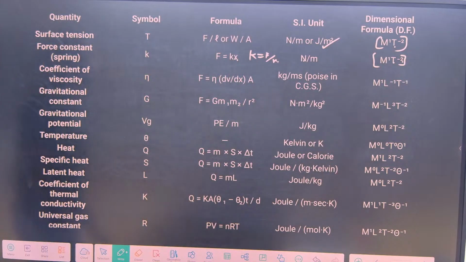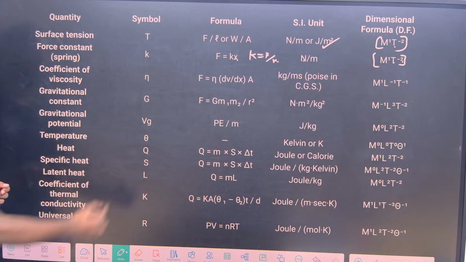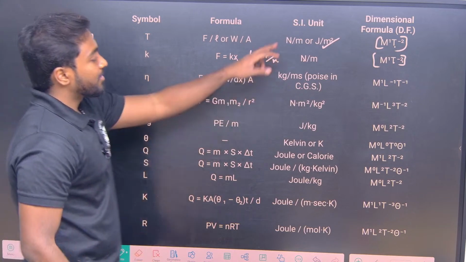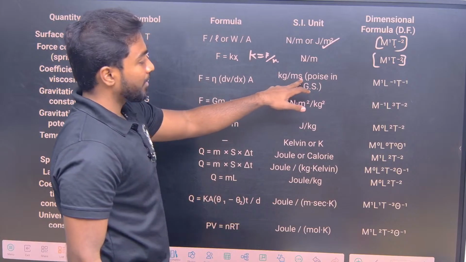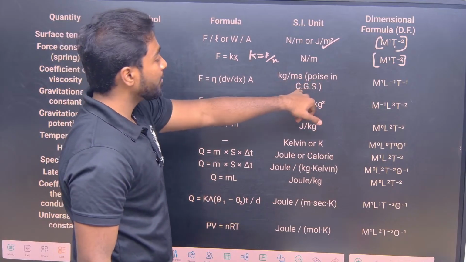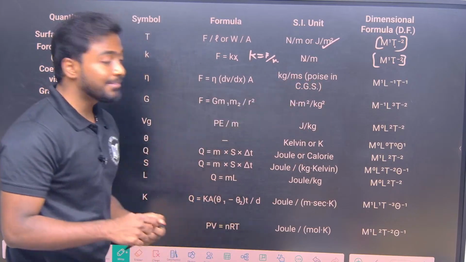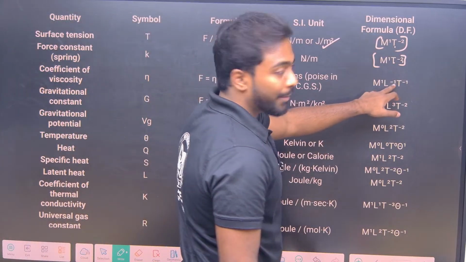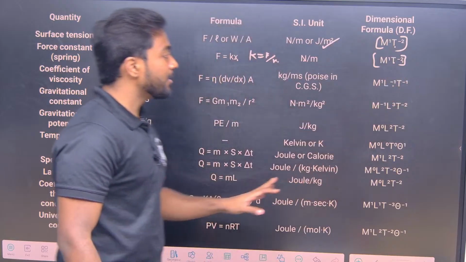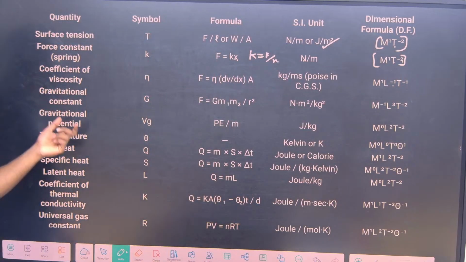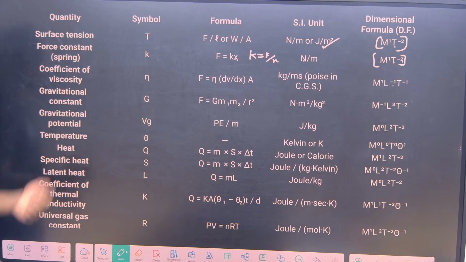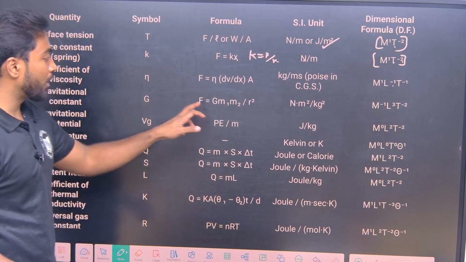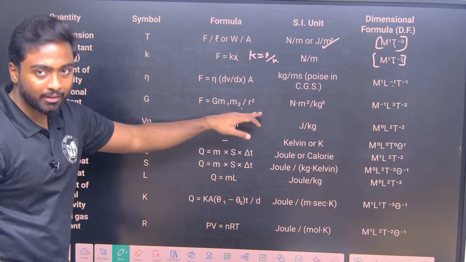Next is coefficient of viscosity, which is denoted by eta. The SI unit is kg per meter second, or poise in the CGS unit. So M L power minus 1 T power minus 1 is the dimensional formula for the coefficient of viscosity. Next is the gravitational constant, G. F equals G m1 m2 by r square is the formula.